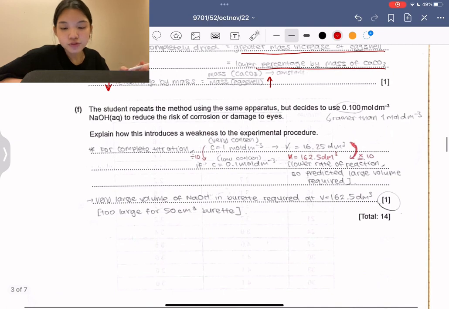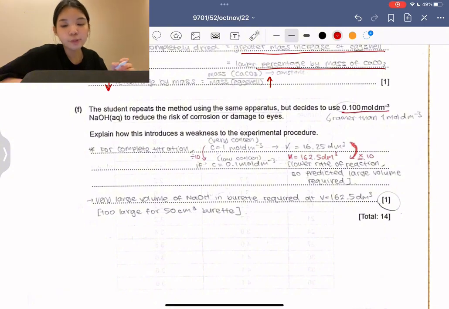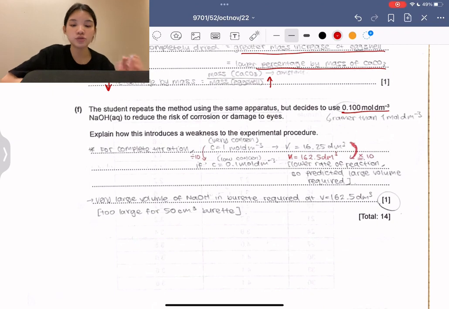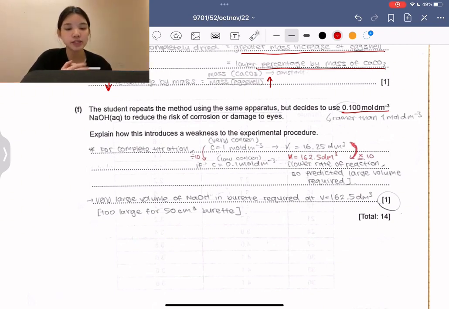Next, F. The student repeats the method using the same apparatus, but decides to use 0.1 mol dm³ of NaOH to reduce the risk of corrosion or damage to eyes. Explain how this introduces a weakness to the experimental procedure.